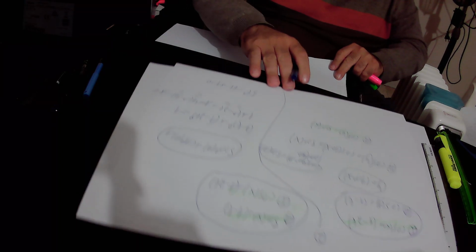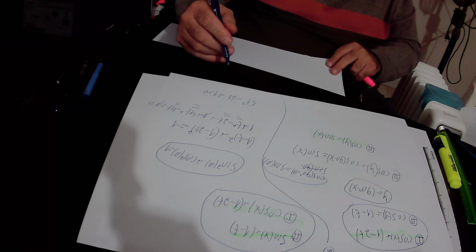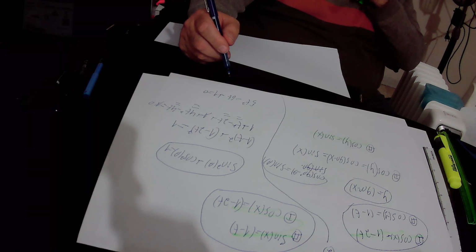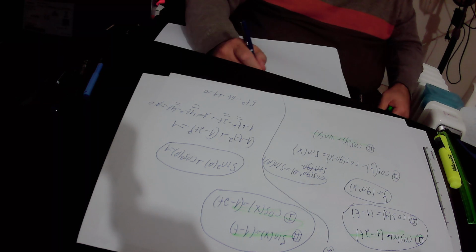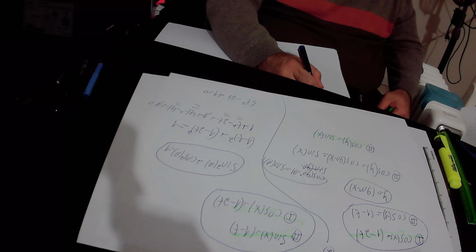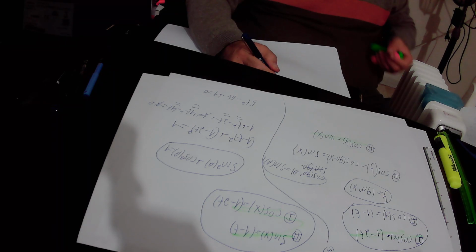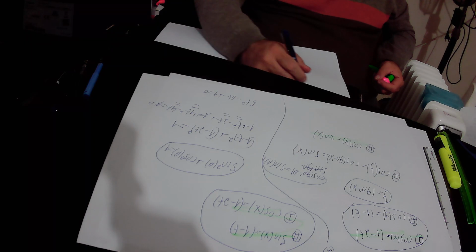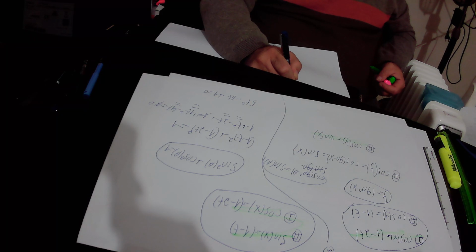So we found out that 5t squared minus 6t plus 1 equals 0. So here we have 5t squared, and we substitute minus 6t by minus 5t minus t, plus 1 equals 0.